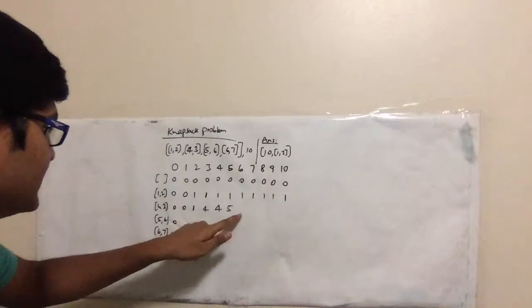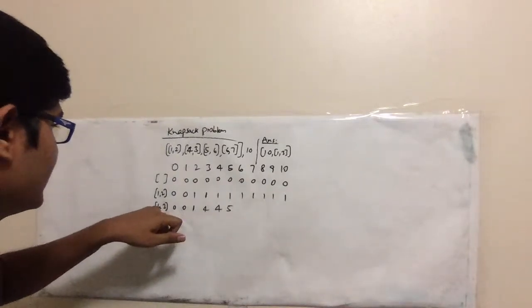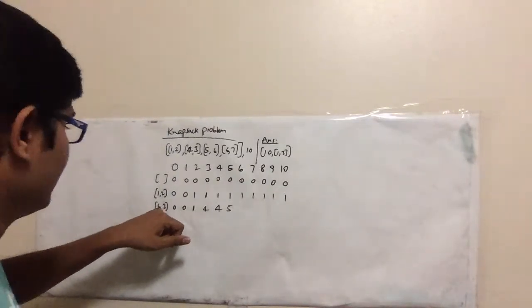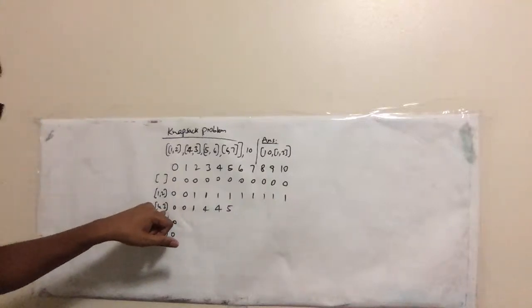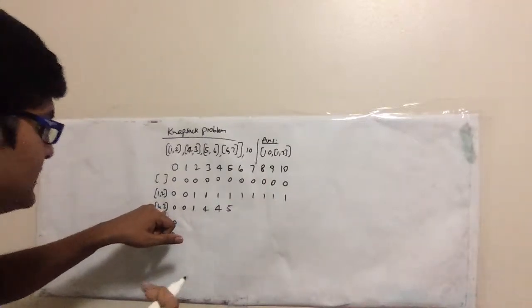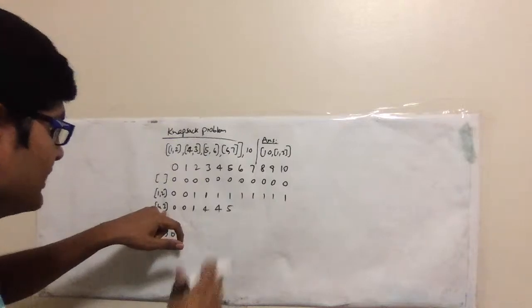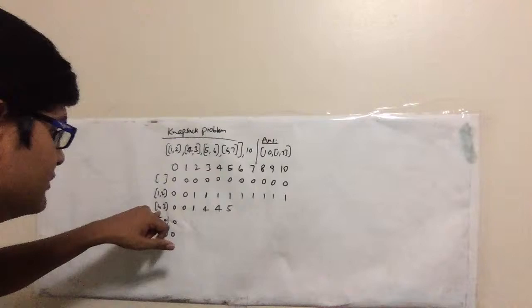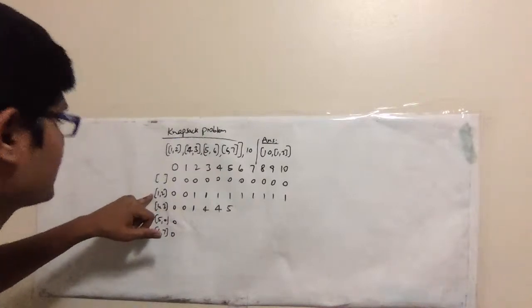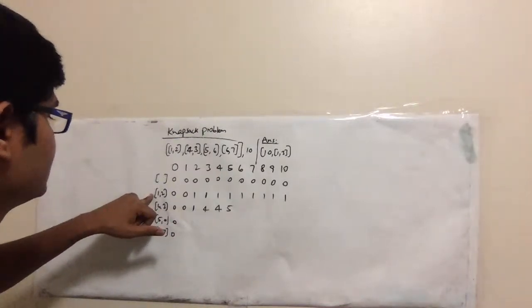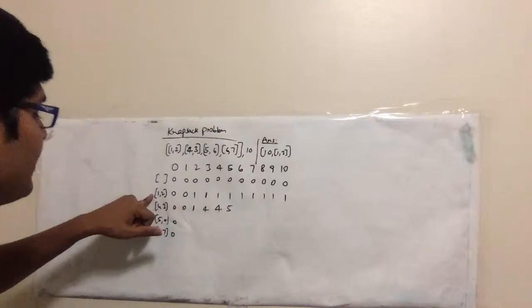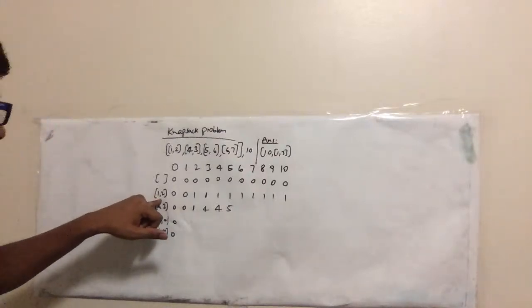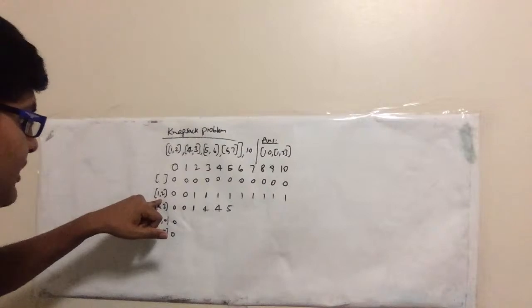If the capacity is 6 and we have the 3 kg item, we put the 3 kg item in the 6 kg bag and get a value of 4. We can also keep this 1 comma 2 item, which is still possible.